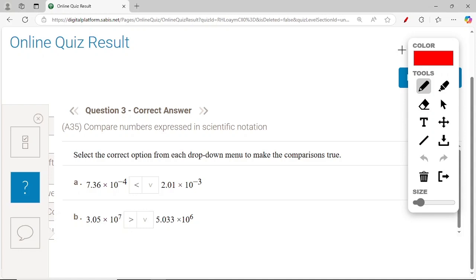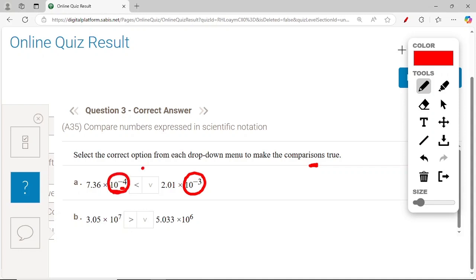Now select the correct option from each drop-down menu to make the comparison true. We have 7.36 multiplied by 10 to the power of minus 4 and 2.01 multiplied by 10 to the power of minus 3. So here 10 to the power of minus 3 is bigger than 10 to the power of minus 4.